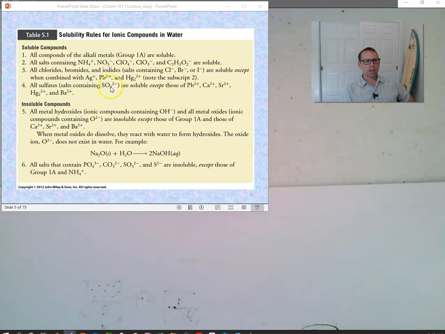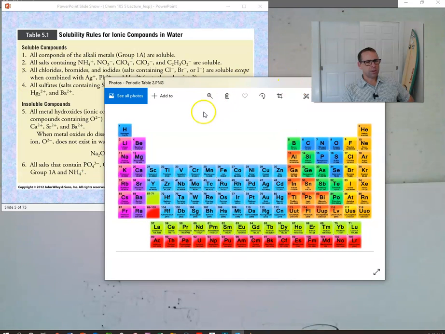And number one, for example, says all the compounds of alkali metals. That's group 1 on our periodic table. So all compounds that contain lithium, sodium, potassium, rubidium, cesium, all of those compounds are soluble in water because that's what the solubility rule there tells me.